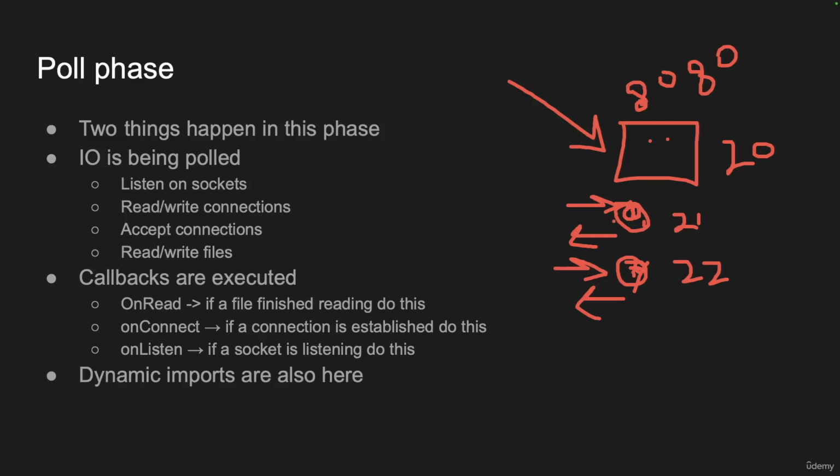So what we do is we poll for I/O, asking, hey, kernel, give me any data on this connection and give me any data on this connection. And that's essentially what we're doing with polling. So reading and writing connections is what we're doing. We're polling for data.